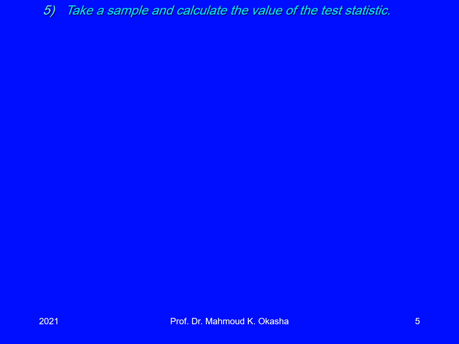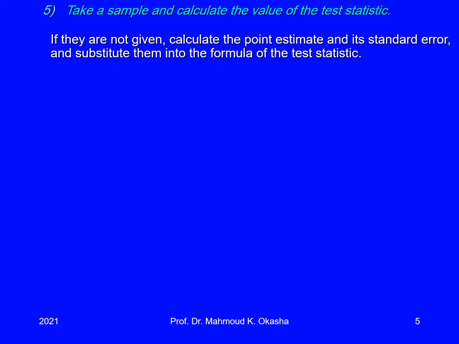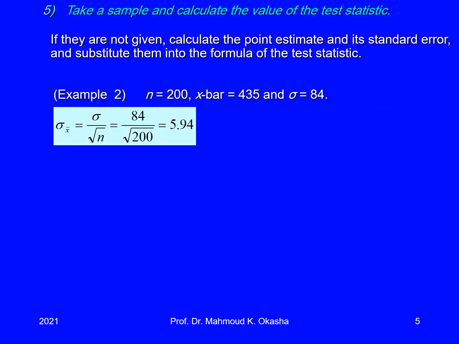The fifth step is to take a sample and calculate the value of the test statistic. From the figures given, we must first estimate the parameter itself. If it is mu, we estimate mu by x bar. We calculate x bar, and then sigma, or if it is not known, we estimate sigma x bar.